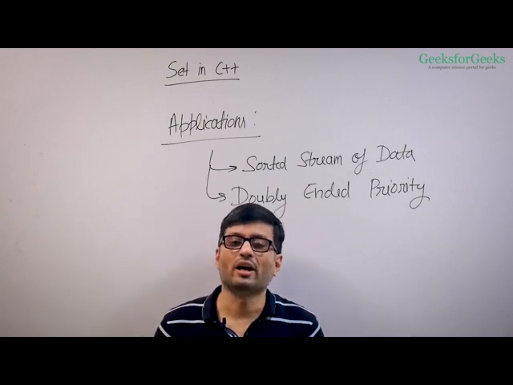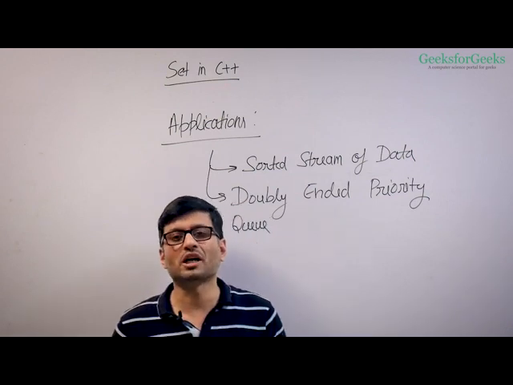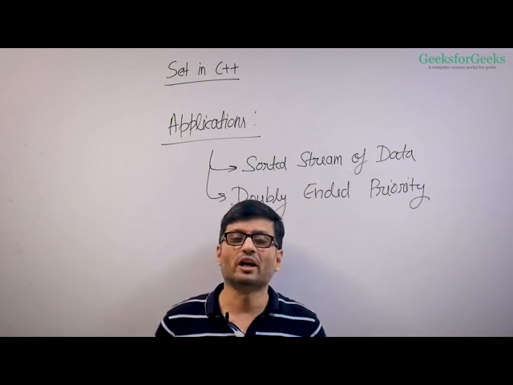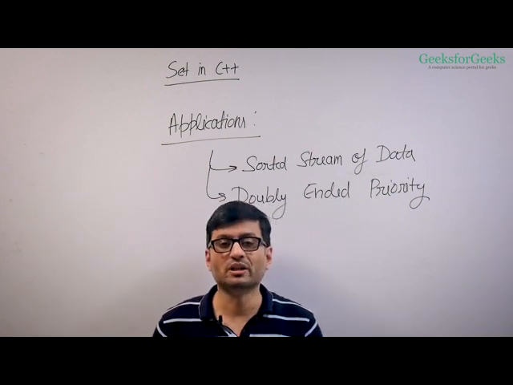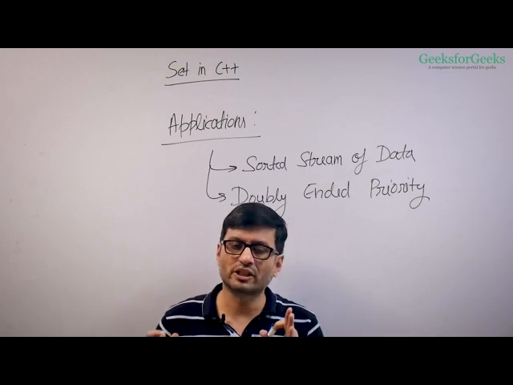If you do s.end minus 1, you will get the maximum item, and both these are big O of one operations, and you can do other operations in log n time. So whenever you need a doubly ended priority queue, you use the set data structure.